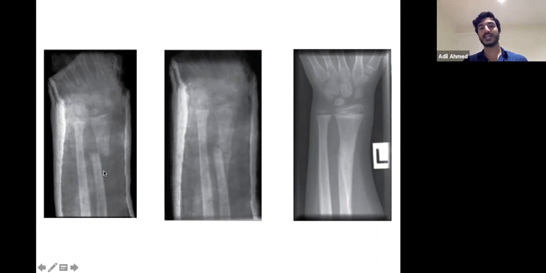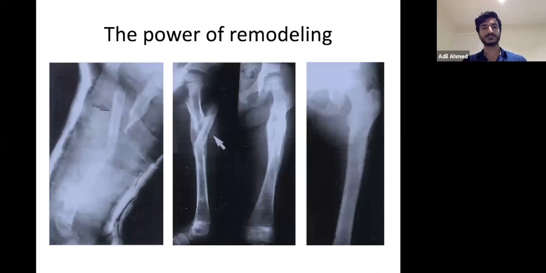So there's no angulation, but you can see over the course of treatment, so this is probably a couple of weeks in, and then a couple of months in, it's completely remodeled to almost what looks like normal bone. And if you gave that a few more years, it probably would look exactly like a normal radius.